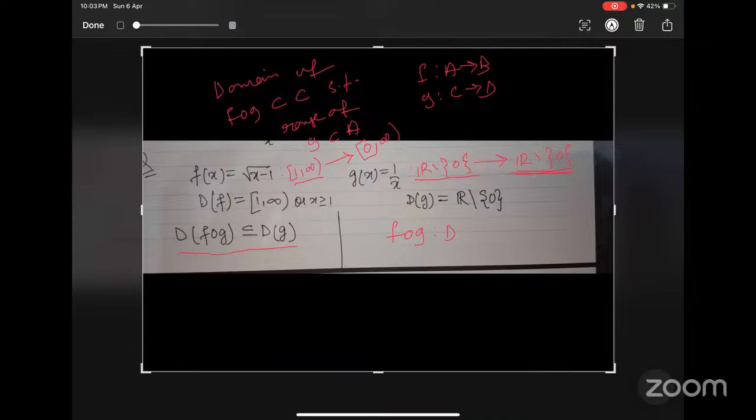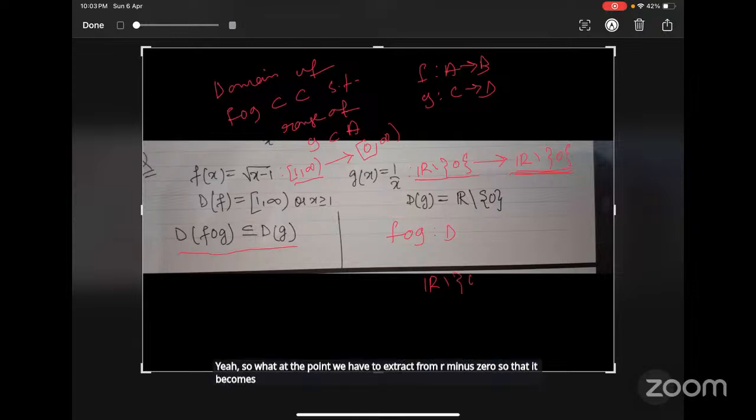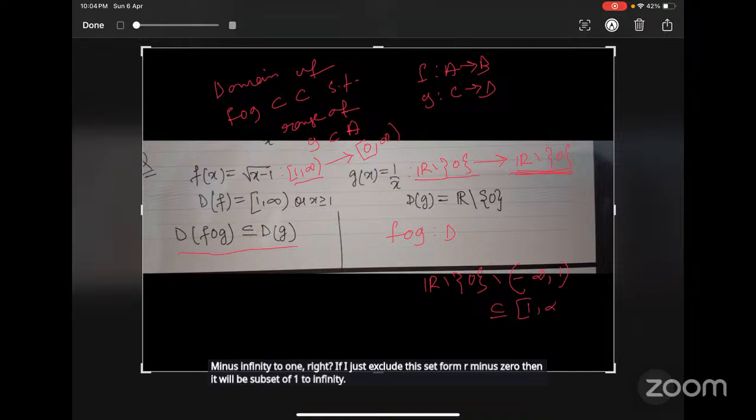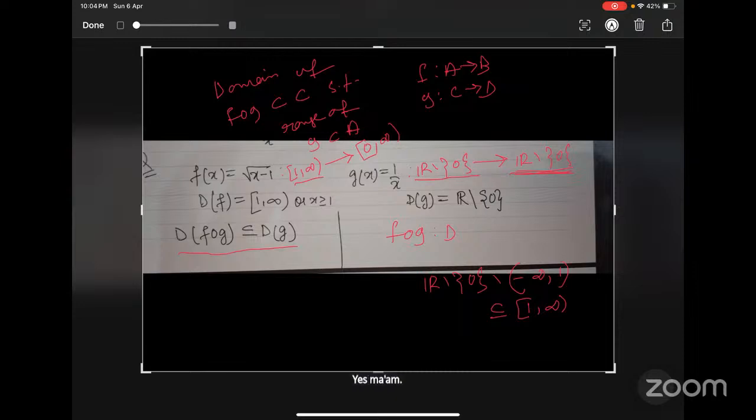Minus infinity to 1. If I exclude this set from R minus 0, then it will be a subset of 1 to infinity. Agree? Yes, ma'am.